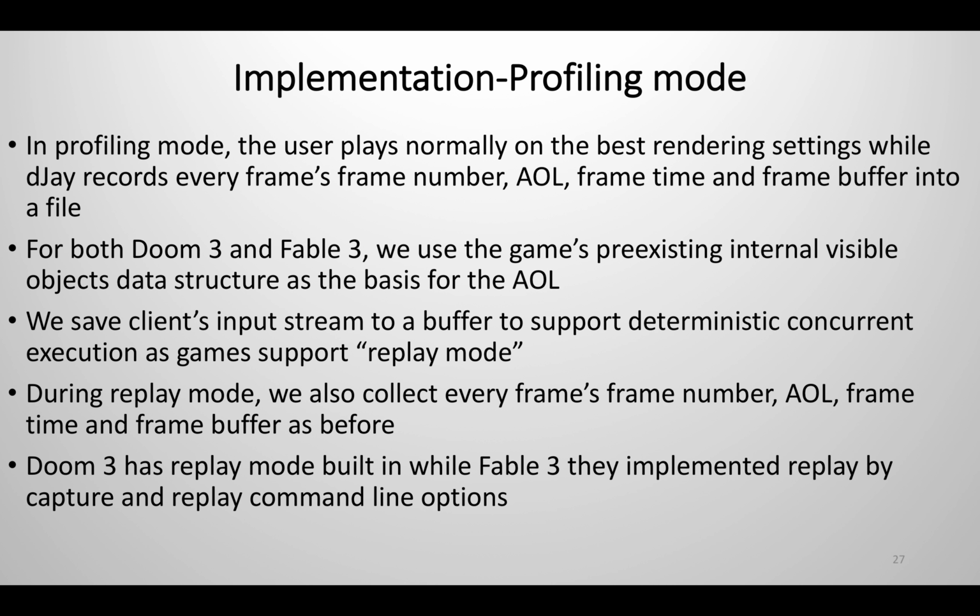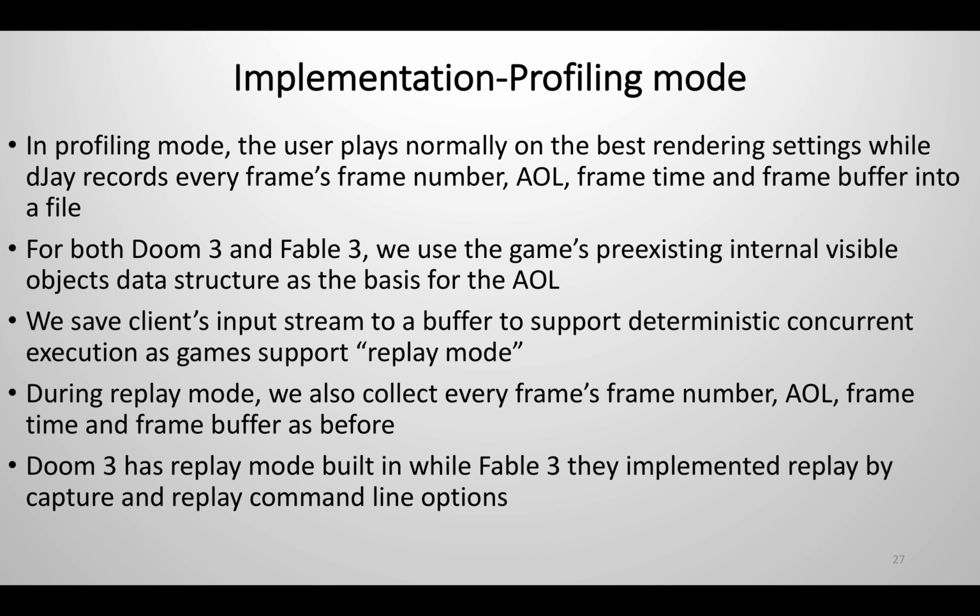In profiling mode, the user plays normally on the best rendering setting while DJ is recording each frame number, active object list, frame time, and frame buffer. For both the games, Doom 3 and Fable 3, we use the game's pre-existing visible objects data structure as the basis for the active object list.